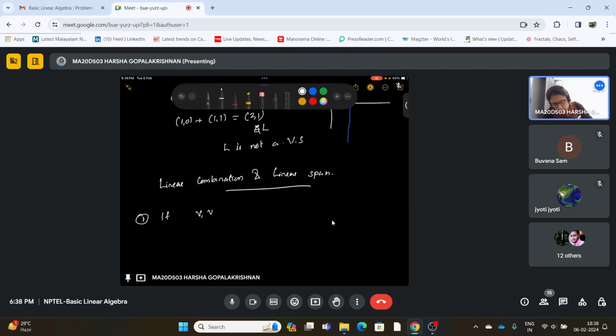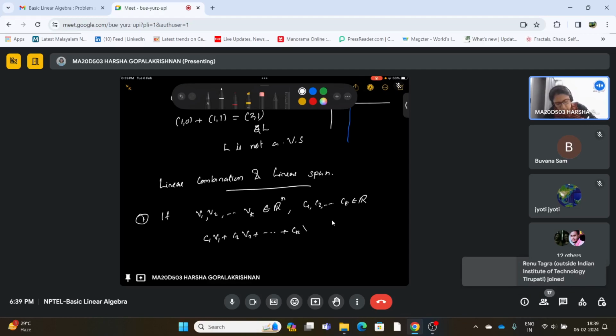If v1, v2, etc., vk are elements of Rn, and c1, c2, etc., ck are scalars, meaning elements from the real numbers, then c1 v1 plus c2 v2 plus etc. plus ck vk is said to be a linear combination of the elements v1 etc. vk.